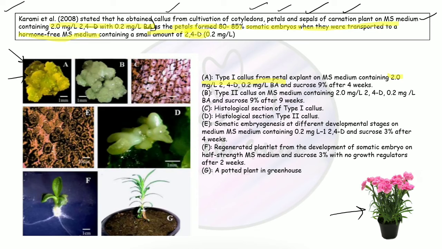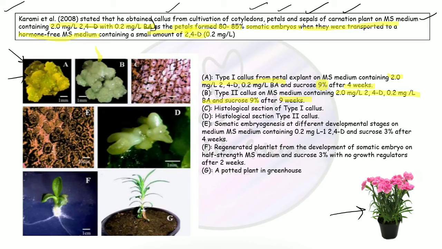The sucrose concentration they used is around 9%, and after 4 weeks of incubation, they got these results. Then in the second picture, they used this concentration of phytohormones and sucrose around 9%, and this is the result after 9 weeks of incubation. In B, you can see the difference, right? There is more proliferation in picture B.